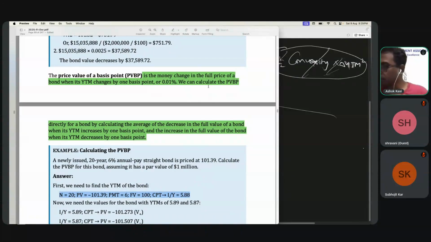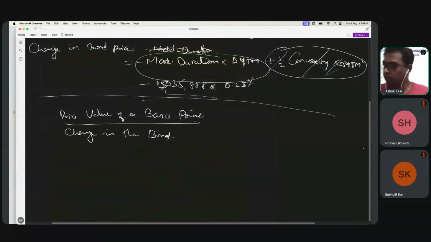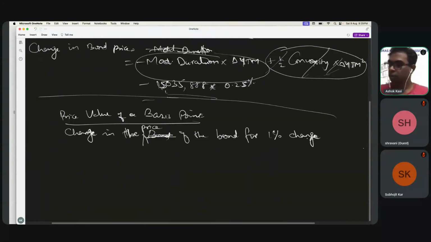It is the money change in full price of your bond when its YTM changes by 1 basis point. So change in the price of the bond for 1% change, not 1%, for 1 basis point change in the interest rates.